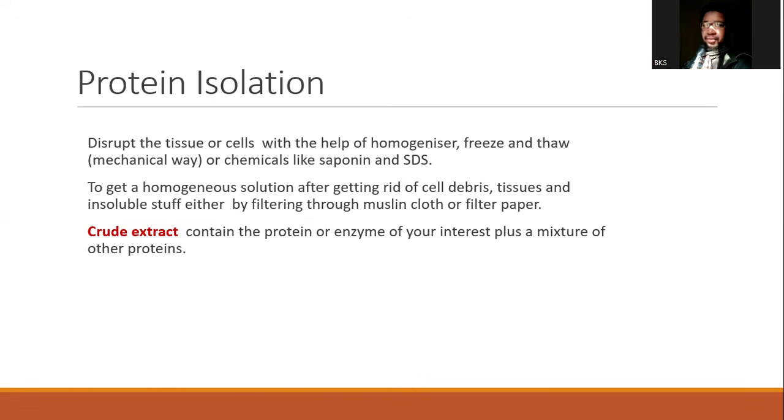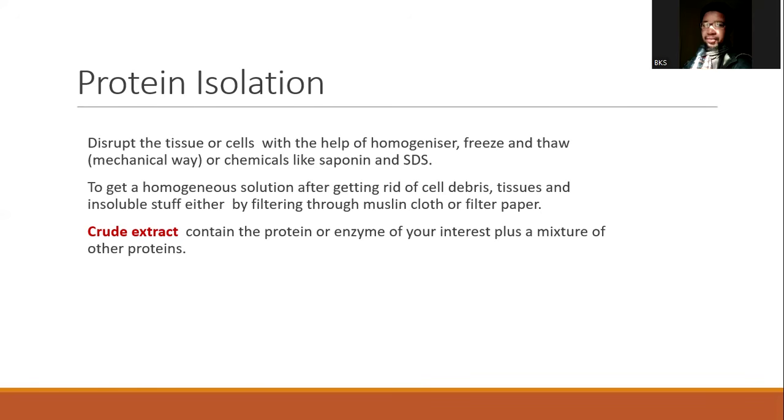When this happens, you have the cells and the organelles being suspended out. You have the plasma membrane being broken down using a chemical. But there is another way, mechanically. You can freeze and thaw.